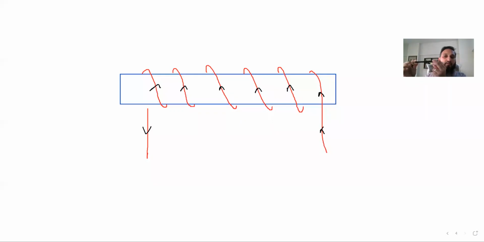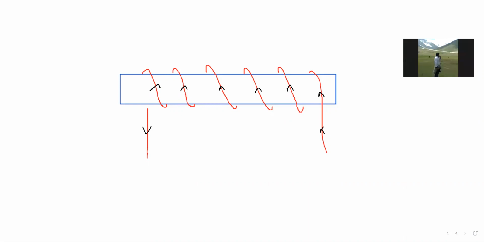If this pen is representing a cylinder, and I catch the wire in the direction of current, because the current is going around it, my fingers are turning around in the same direction as the current. Where is the thumb pointing? It's pointing towards the left hand side in this example.